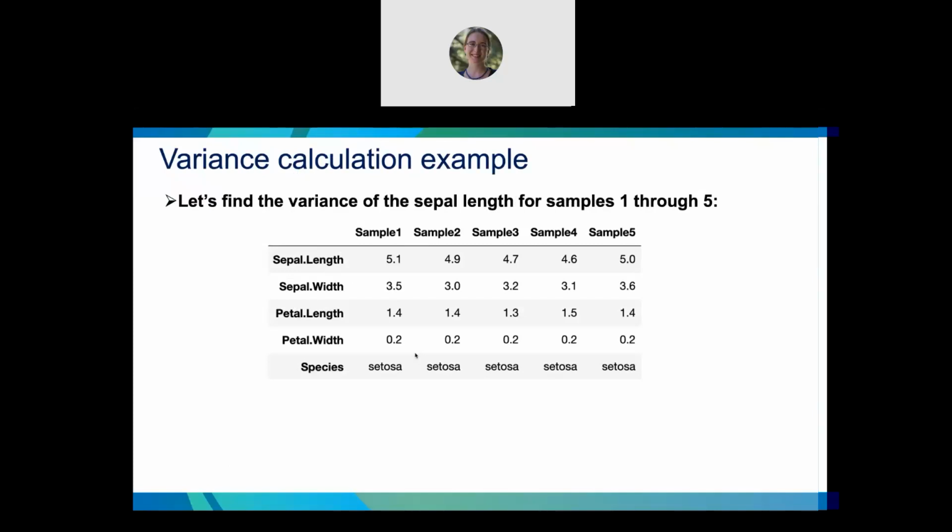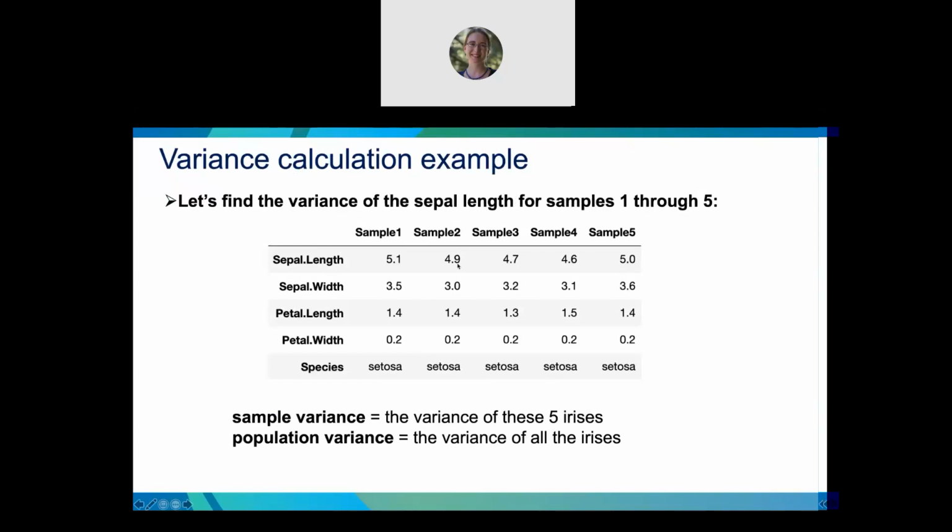If we were interested in finding the variance of the sepal length for iris samples 1 through 5, again, the sample variance here is the variance of just these 5 irises, whereas the population variance would be the variance of all the irises.